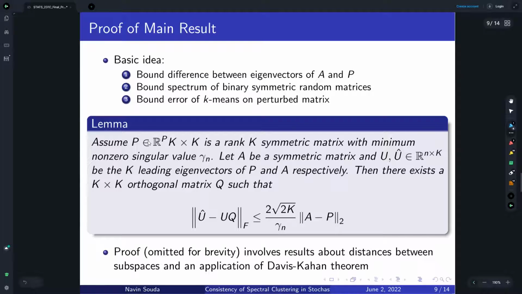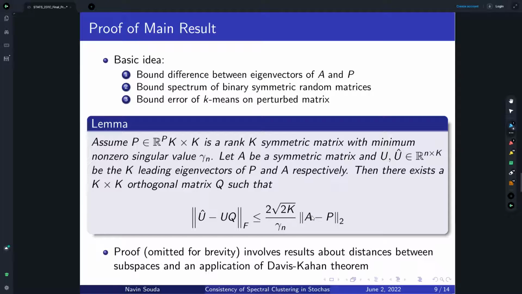If P in R n by n is a rank k symmetric matrix with minimum non-zero singular value gamma n, and A is a symmetric matrix, and we have U and U hat, the k leading eigenvectors of P and A, so basically exactly our problem setup, then we have some orthogonal matrix Q such that the Frobenius norm of U hat minus U times Q is less than or equal to 2 times root 2k over gamma n times the spectral norm of A minus P. So this is the maximum singular value, the matrix norm that we're used to.